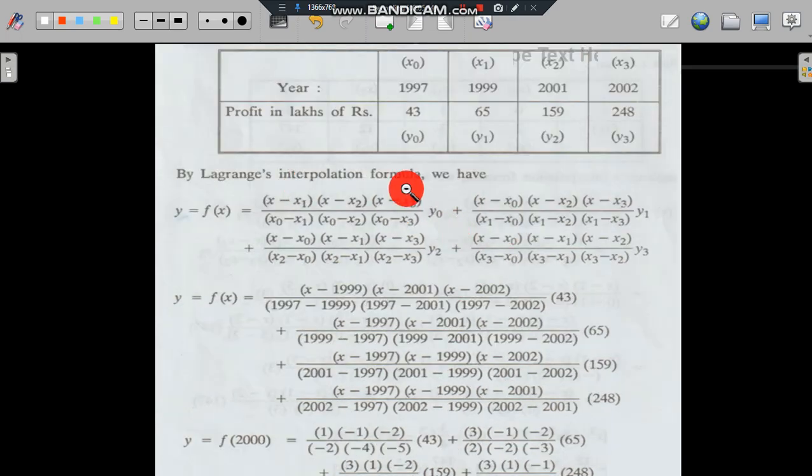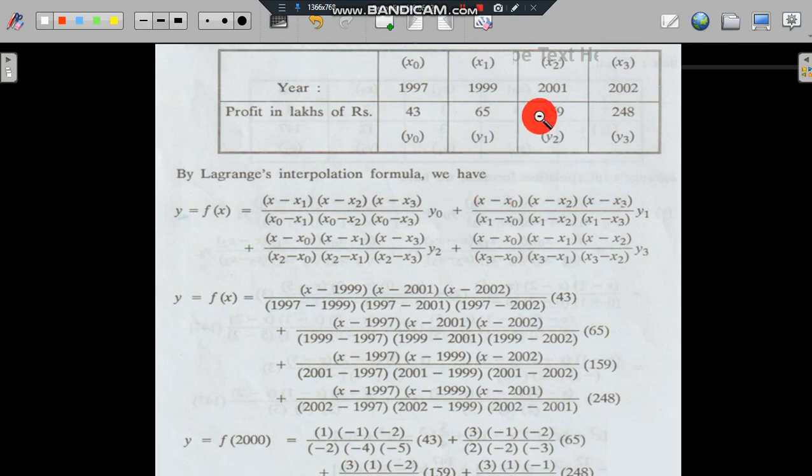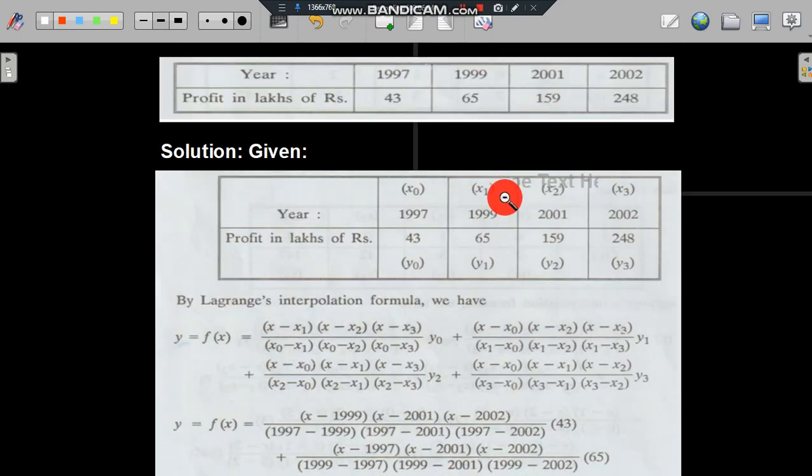By using this interpolation formula, we arrived at f of 2000 equals 100. Suppose 2000 is not given, and we are interested in the profit in the year 2000.